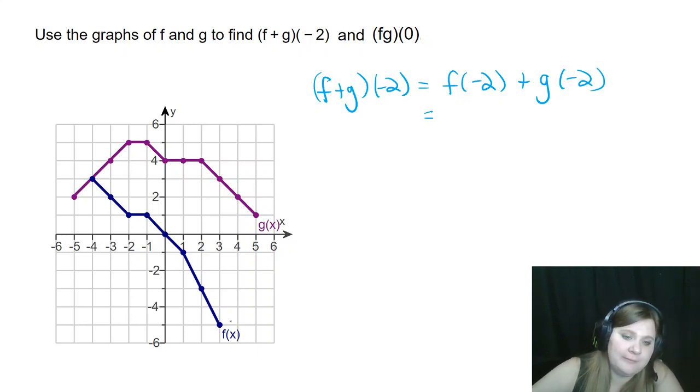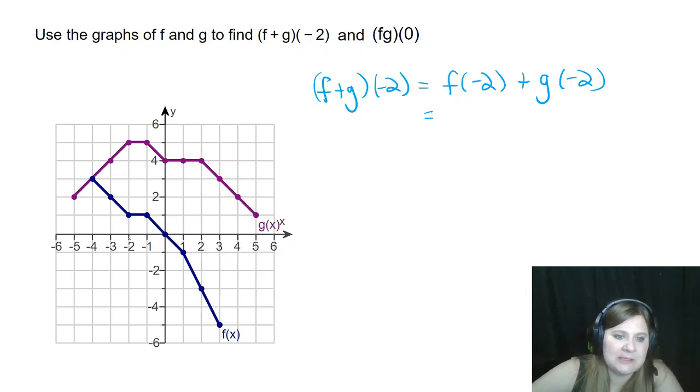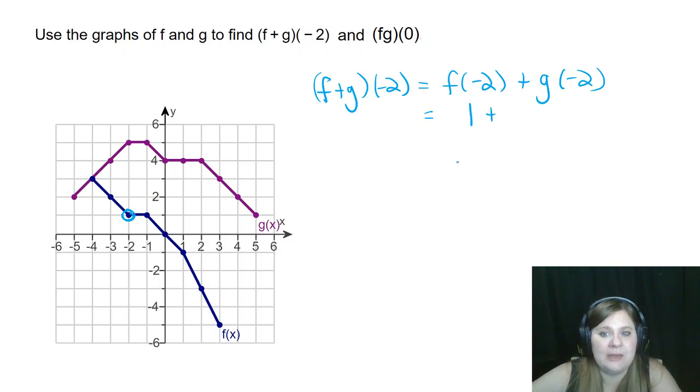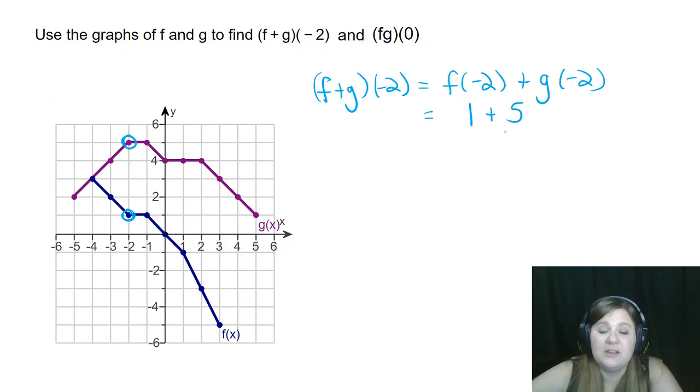Our function f is the blue one, labeled down here, and x equals negative 2 gives me a y value of 1. So f of negative 2 is 1. What's g of negative 2? Hopefully you see that g of negative 2 is 5. So f plus g of negative 2 is 1 plus 5, which is 6.